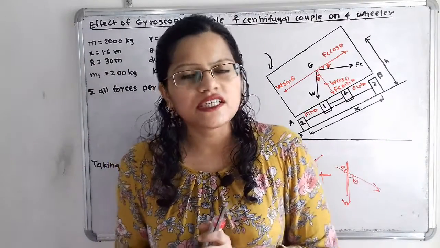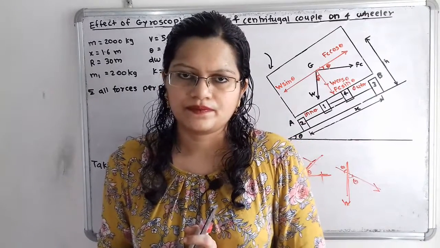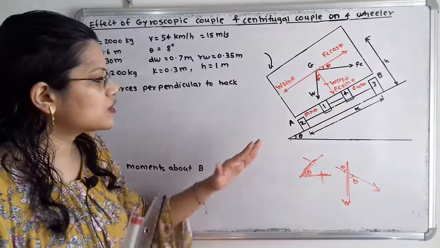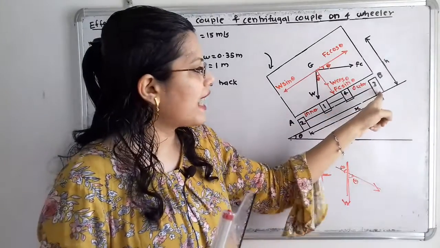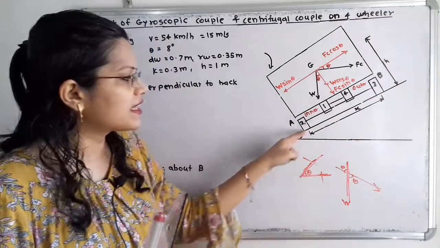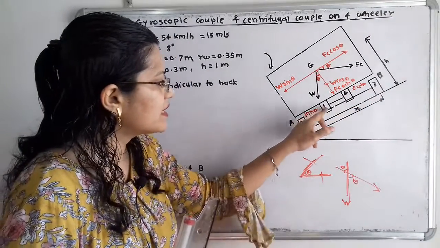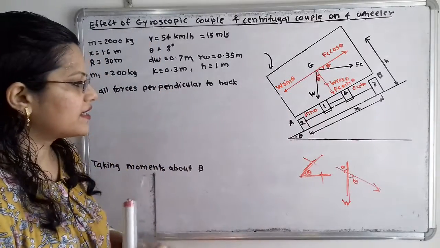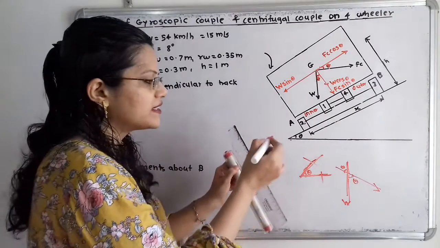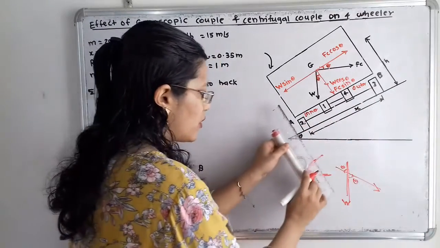So reaction is taking place in the opposite direction, but here the road is inclined, so we have to take the reaction that is perpendicular to this inclined road. So I will take here the reaction for the inner wheels, that is the reaction RA, which is in the perpendicular direction to this inclined road. So I will show here.